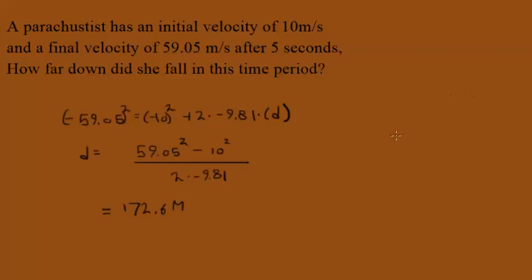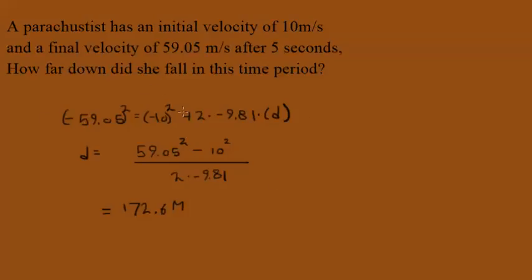And if you look at this problem, another way you could have solved it is she is falling with an initial velocity of 10 meters per second, and she falls for 5 seconds. You know what time was given to us in the problem statement. So this is one way you could have solved it.